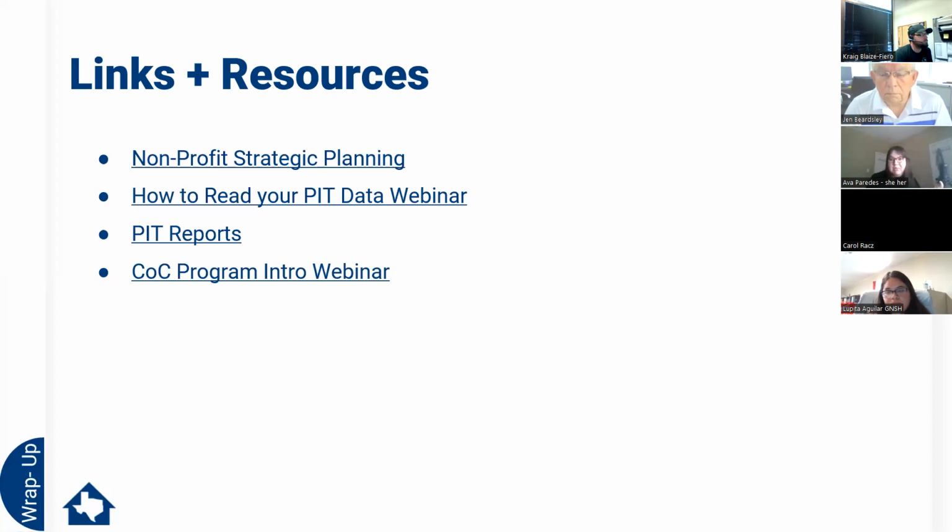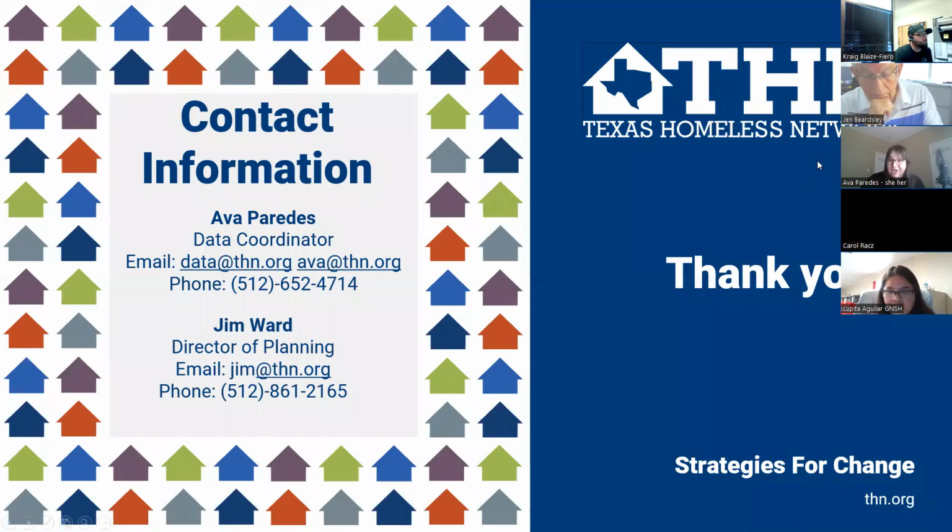And we also have this webinar here that can help guide you through those PIT reports and that data. And then we have a link to the PIT reports themselves on our THN website, and a CoC program intro webinar.